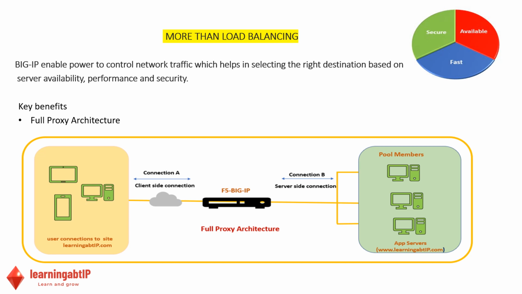Big IP is a full proxy in which you have two separate TCP/IP connections, which means the direct connection from client to server is no more. We have someone in the middle of client and server who is doing something amazing. Now we have one TCP/IP connection from the client to Big IP and one connection from Big IP to the server.